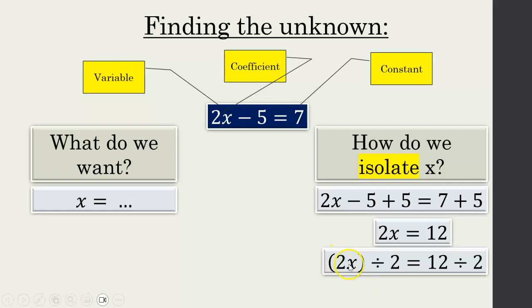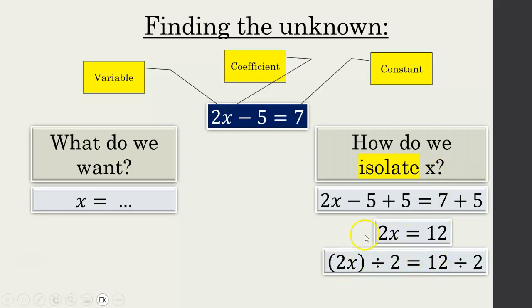If I have 2x divided by 2, well, what happens if I'm multiplying something by 2 and I divide it by 2? Well, they just cancel each other. I just get x. Think about it. If I have 3 multiplied by 2, that's 6. But if I then divide it by 2, then it's just 3. I just go back to the same spot.